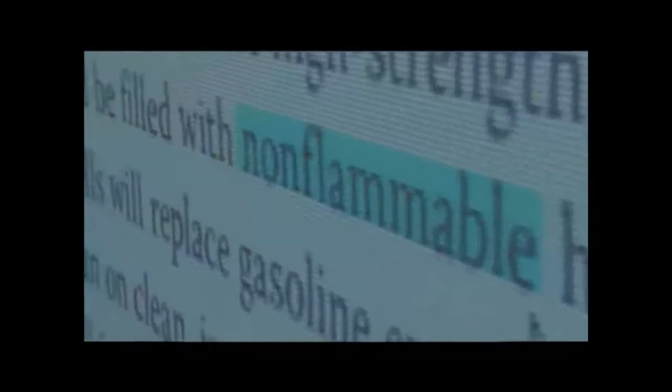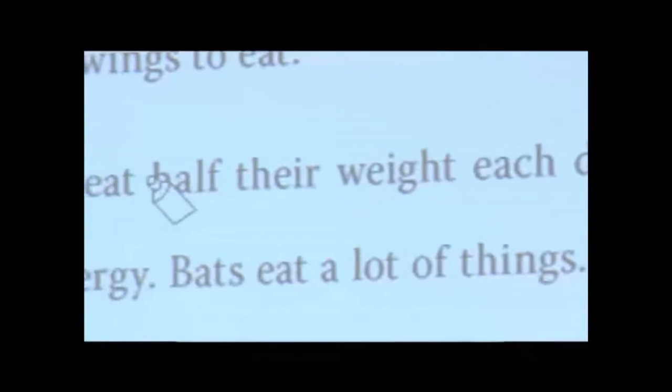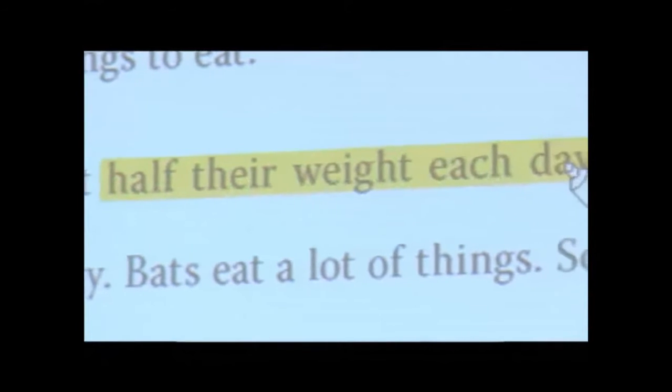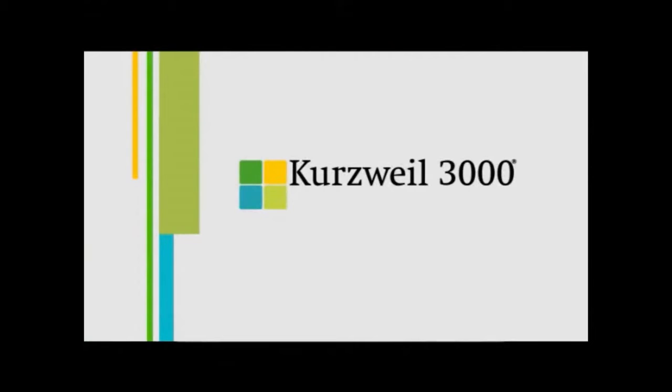Kurzweil 3000 can benefit all students, regardless of grade or academic performance level. Students with learning disabilities, students who have the cognitive ability but not the reading ability to learn from grade level content, second language learners, and students with low vision or physical disabilities are among the many student populations that benefit from the use of Kurzweil 3000.